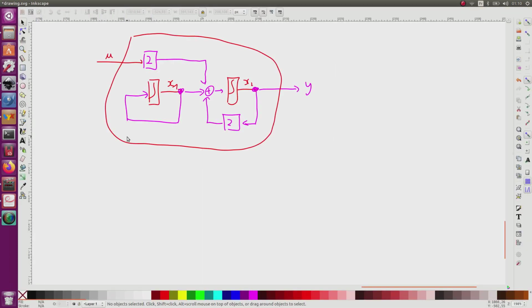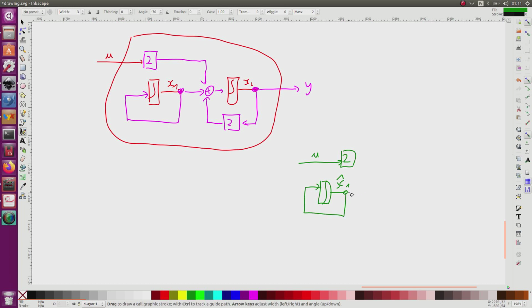So this is my system, and the observer usually is very similar to this system, so I will try to draw it. I have u, 2, the integrator for x hat 1, plus, the integrator for x hat 2. Here it's y hat, and I have the 2.